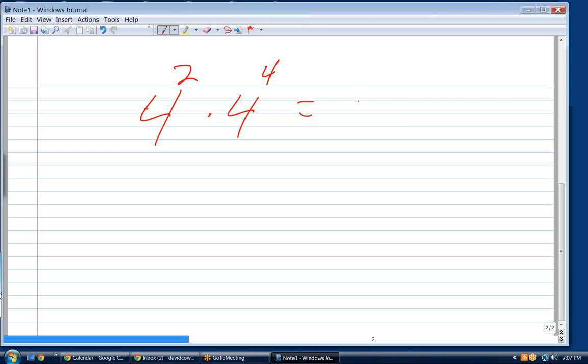What's the answer here? 4 to the 8th. No, we're multiplying, so what are we going to do with the exponents? One level less, mathematically. One level less than multiplication is addition.